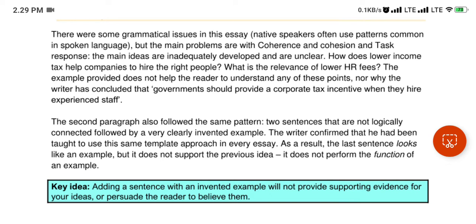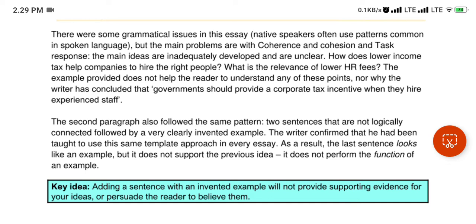Now, nor has the writer concluded why the government should provide a corporate tax incentive when they hire experienced staff. The second paragraph also followed the same pattern: two sentences that are not logically connected, followed by a very clear invented example.